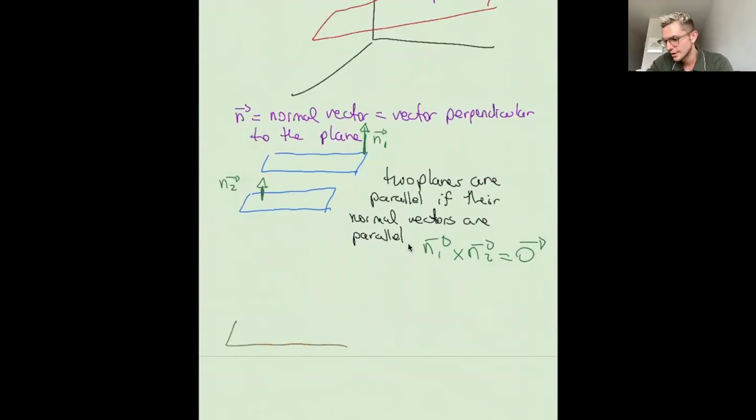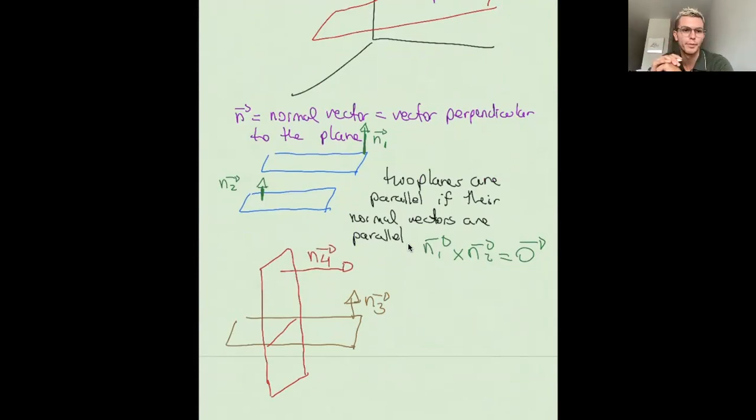And on the other hand, you could have something like this, where you have a plane with a normal vector and another plane with a different normal vector. And now you would like to say that the planes are perpendicular if their normal vectors are perpendicular, right? Which we can write how?